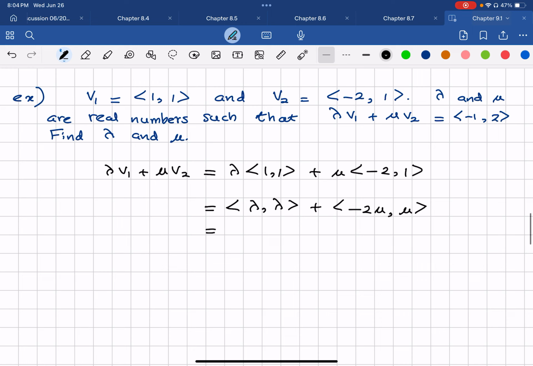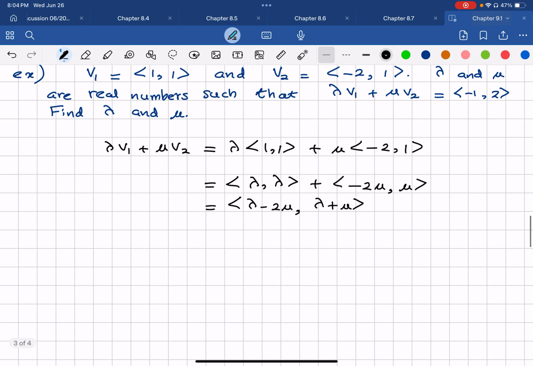Okay, so now I can perform the addition. My x component would be lambda minus 2 mu, and my y component would be lambda plus mu. And I have been given that lambda v1 plus mu v2 is equal to (-1, 2).